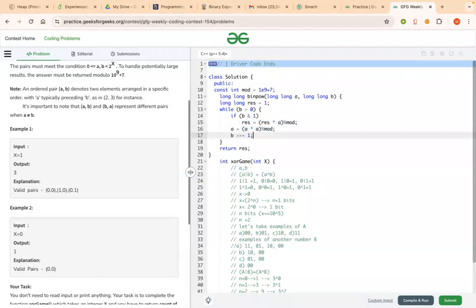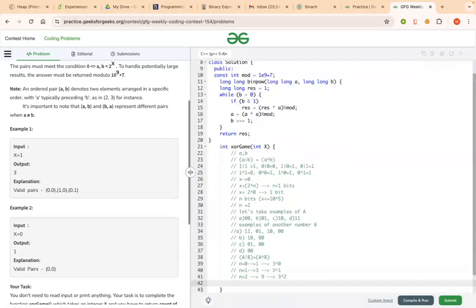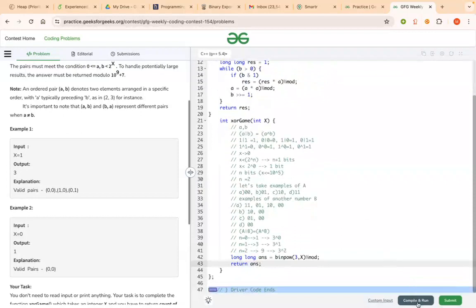And this does not need a modular. So let's now get back to the code. Let's suppose long answer is equal to binPower, the name of the function. This is 3, the base, and this is the exponent. And we return answer modular. So let's now return the answer. This gives the final answer.